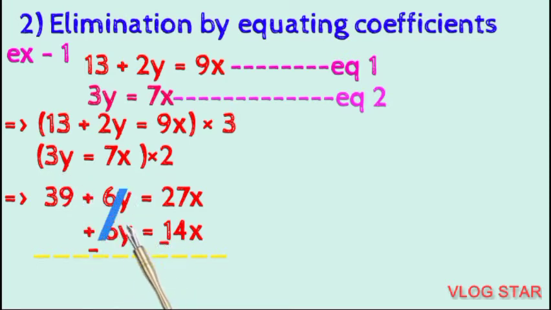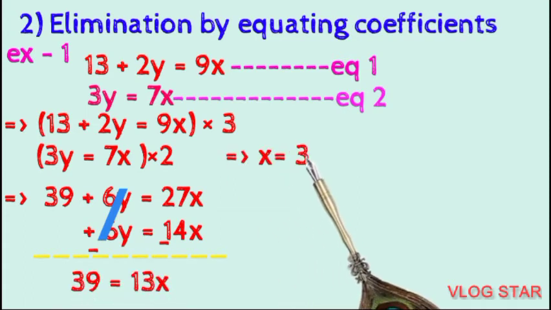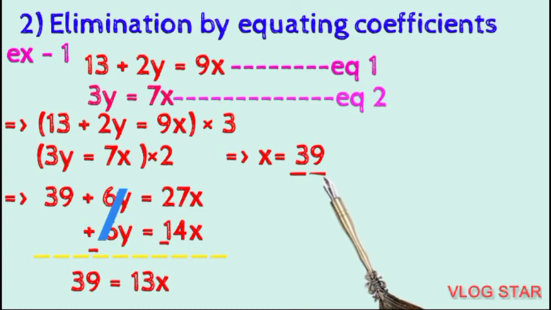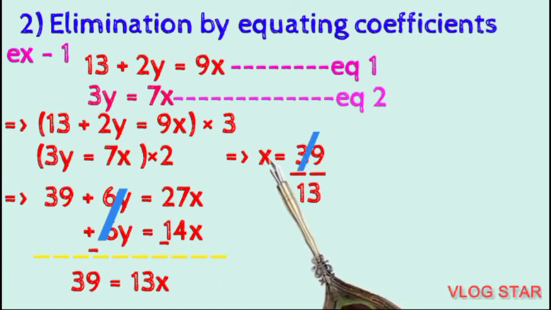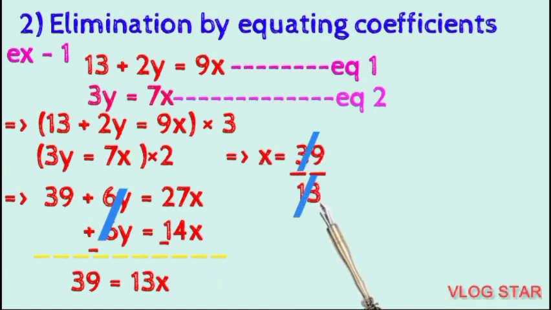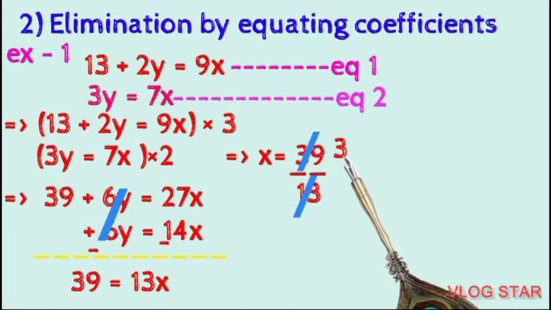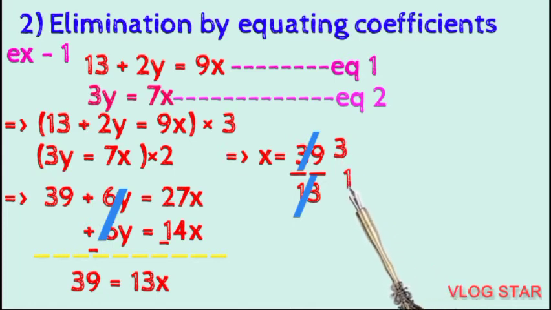The 6y terms get cancelled, and 39 equal to 27x minus 14x equal to 13x. So x equal to 39 by 13, that implies x equal to 3.